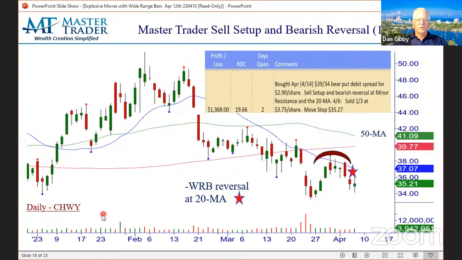These were two trades we gave last week to our subscribers, and the pattern is the sell setup. It's not the wide range bar. A sell setup is very simply a retracement and reversal at resistance in a downtrend. The opposite for a buy setup.